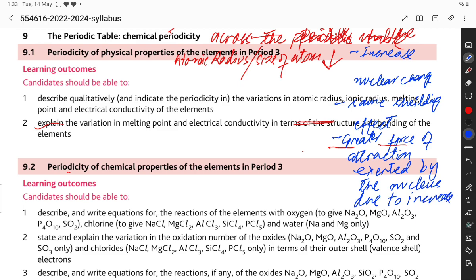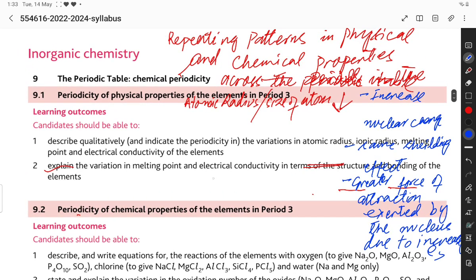So these are the electrons, and this is the graph of atomic radius. Sodium, and this is argon and chlorine.